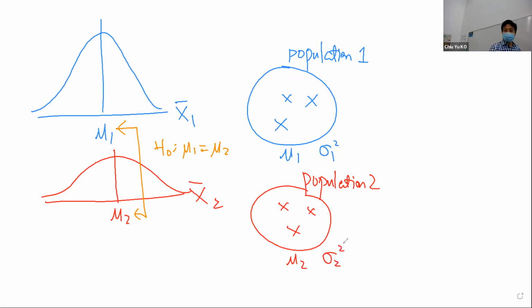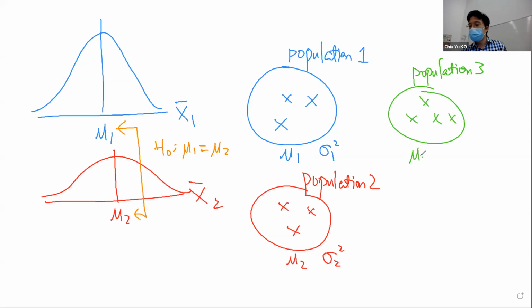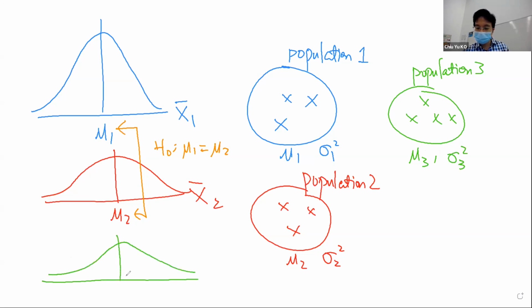So now, instead of these two, ANOVA allows us to extend to any number of groups. So I want to have population 3 first. I have mu3, I have sigma 3 squared, I want to draw another bell here, with mu3, and I have x bar 3.